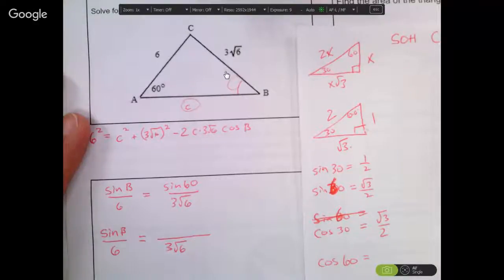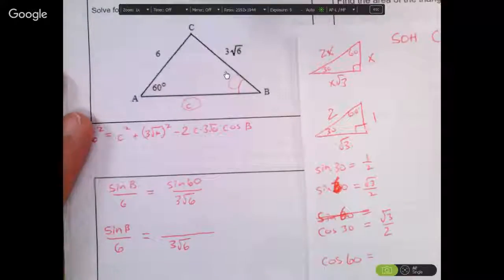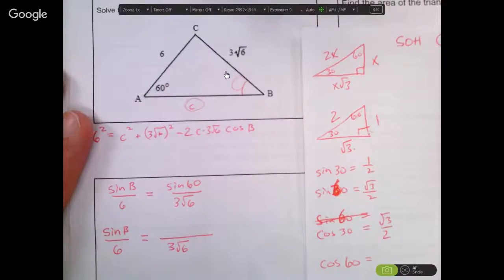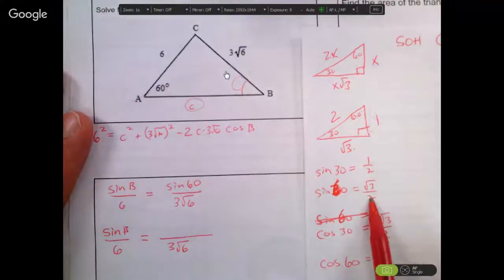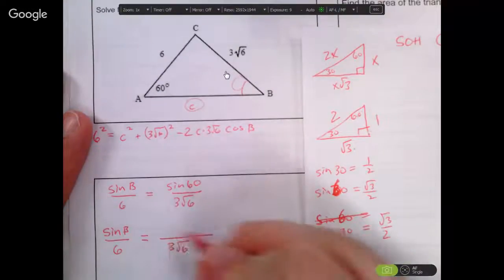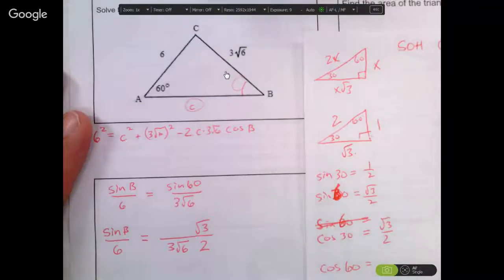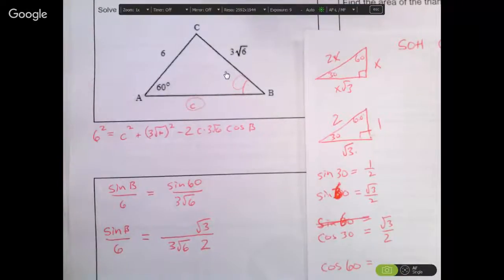One step at a time. Okay, so this is how I would do this. If I'm going to bring this over and replace it with this, I'm going to write it like this. Okay, so you can write it like that.